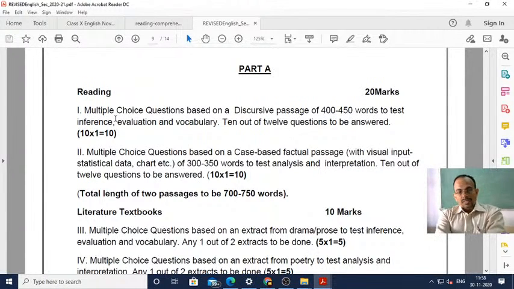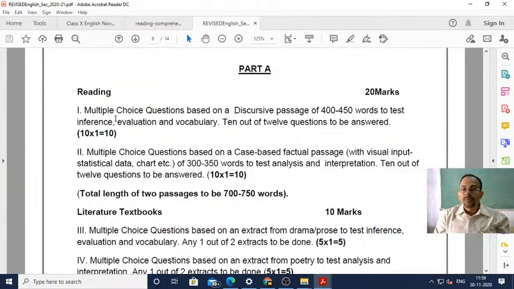Always remember that this time you shall have a single question paper, but there will be two parts in that question paper. Part one will comprise all the multiple choice questions and objective type questions.